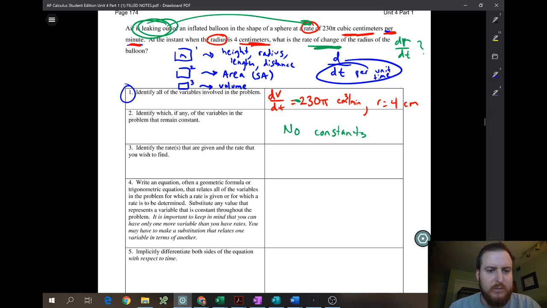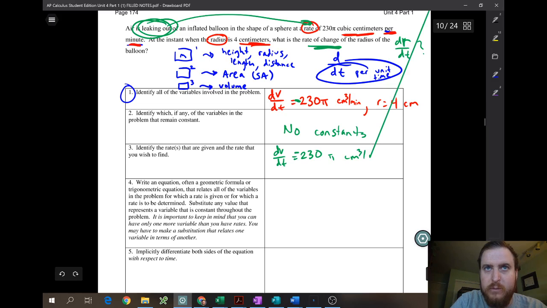Identify the rates that are given and the rate that you wish to find. Okay, so they gave us dV dt, we already know that. They gave us dV dt equals negative 230 pi centimeters cubed per minute. And we want to find dr dt.